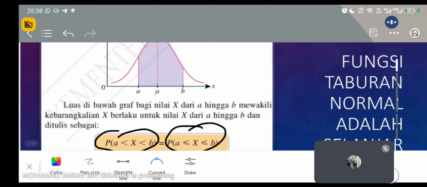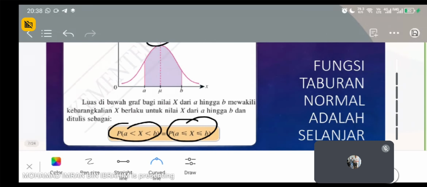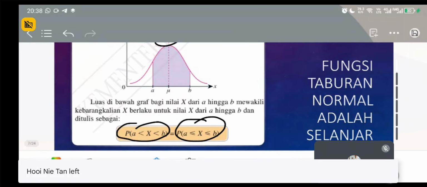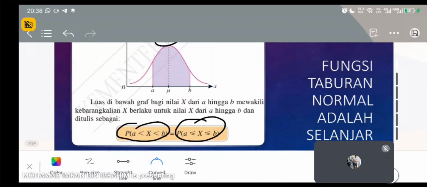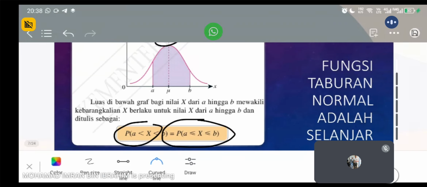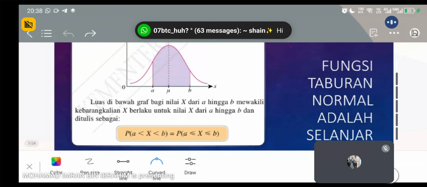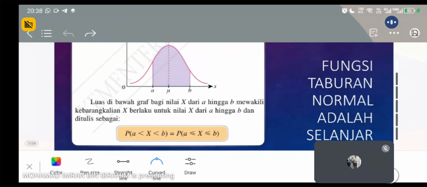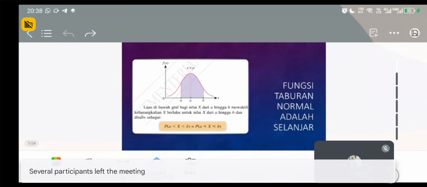At this point, because it is already infinite, we cannot describe it like that. So it's the same. For those who are asking what is the difference between these, it's the same. These two things are the same. That's it.